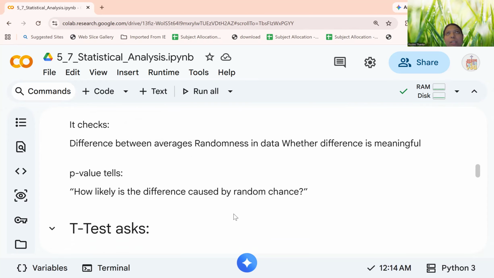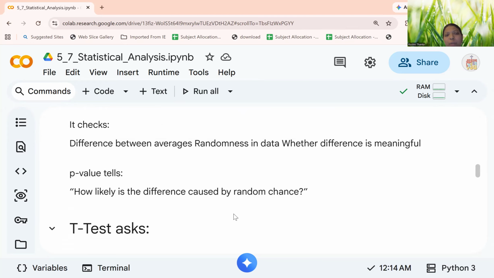For example, male students are passing 75 percent and female students are passing 80 percent. So that is a mean difference. If the difference between them is 5, what the p-value says is whether this 5% difference is actually real or sometimes a random difference.